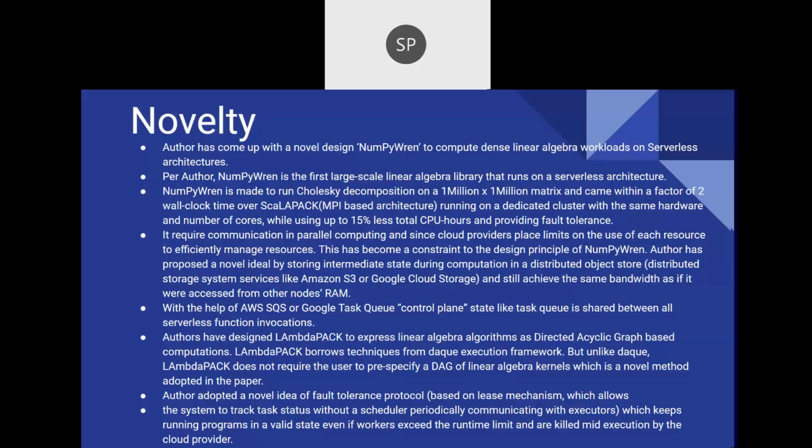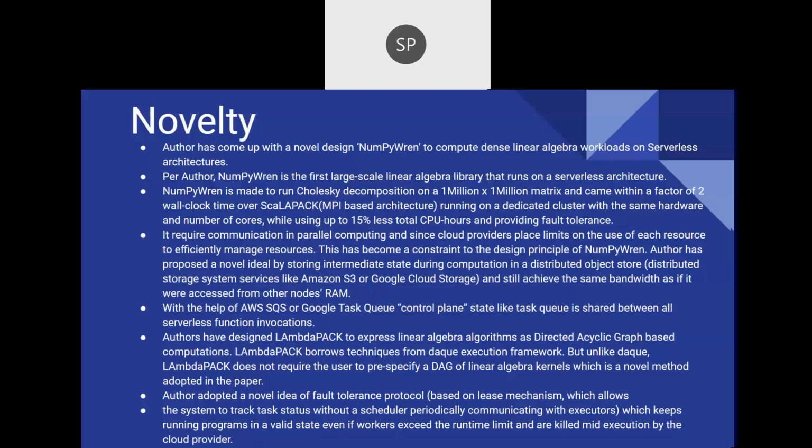The services available are S3 or Google Cloud Storage, and still achieve the same bandwidth as if it were accessed from other nodes' RAM. With the help of AWS SQS or Google Task Queue, control plane state like the task queue is shared between all serverless function invocations.